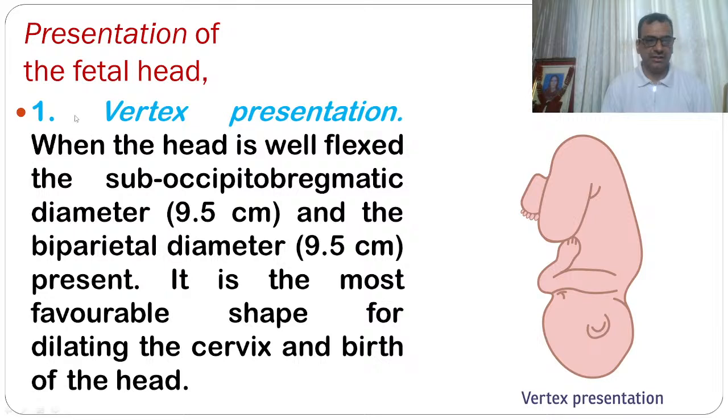For example, in vertex presentation, when the head is well flexed, then suboccipitobregmatic diameter and bitemporal diameter will be presented. It is the most favorable shape for dilated cervix and for birth of the head. So this is vertex presentation.